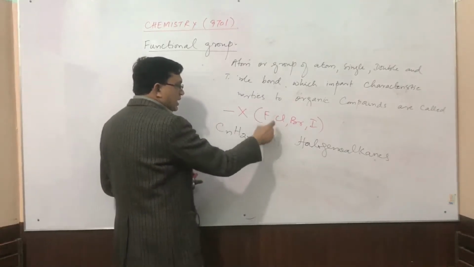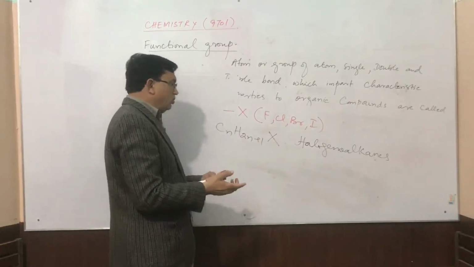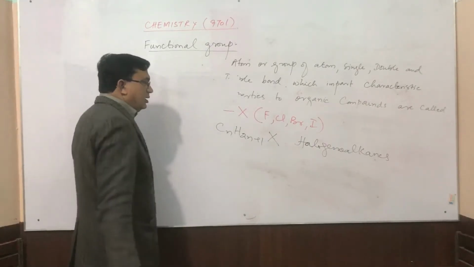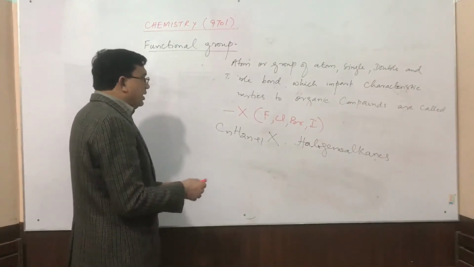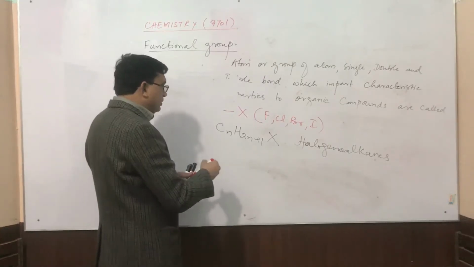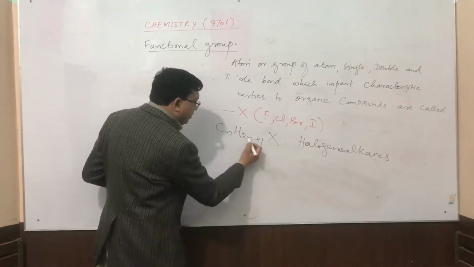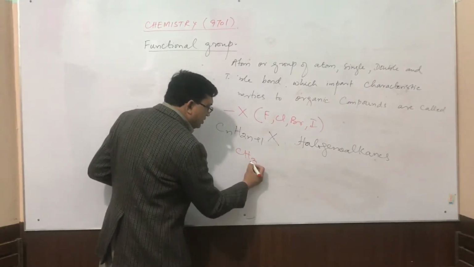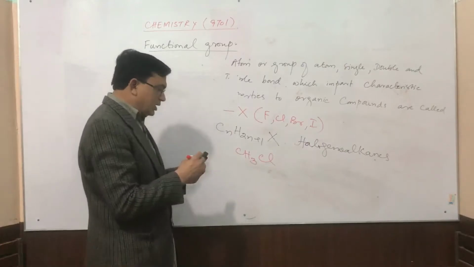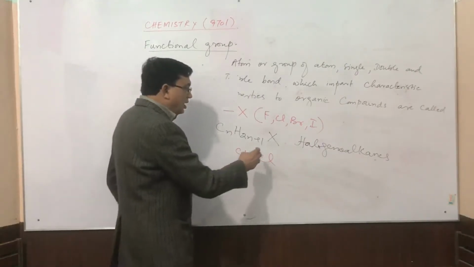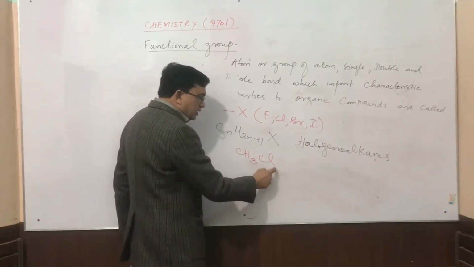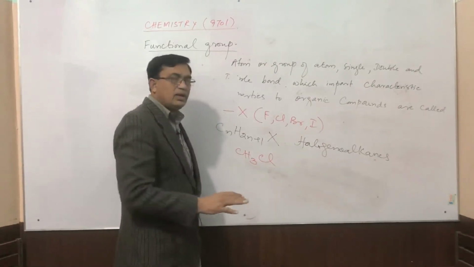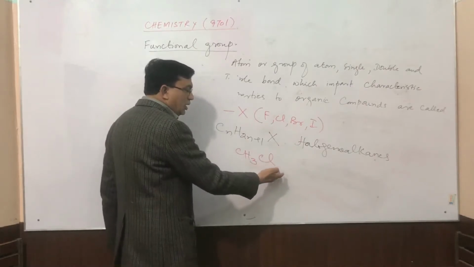If we take X as a fluorine or chlorine or bromine, we can get by putting different number of value of n into variety type of the alkyl halides. For example, if I put value n is equal to 1, then CH3Cl will become, if we are taking X as a chlorine, chloromethane or methyl chloride.